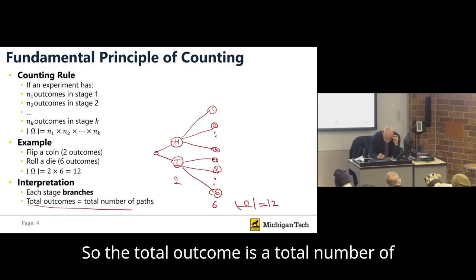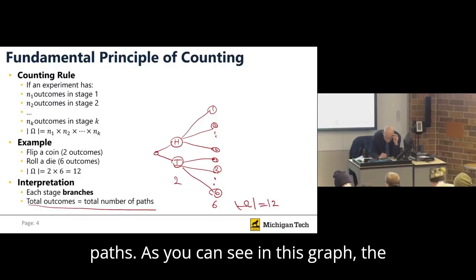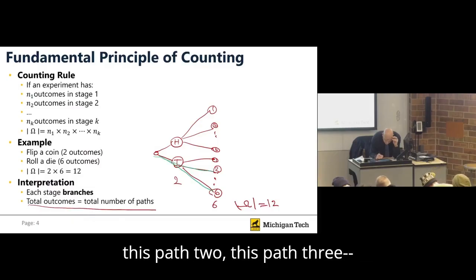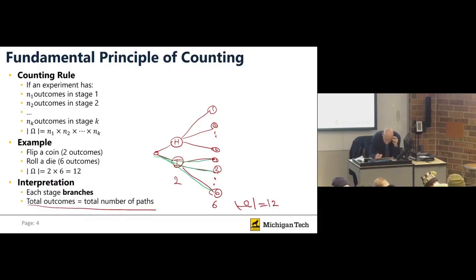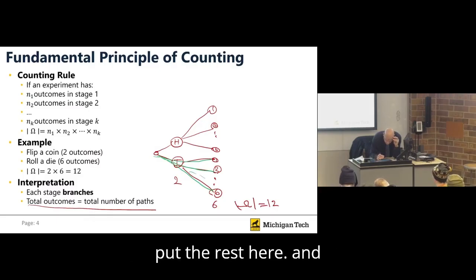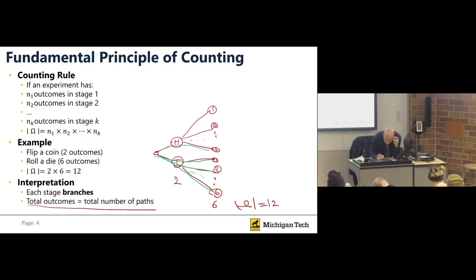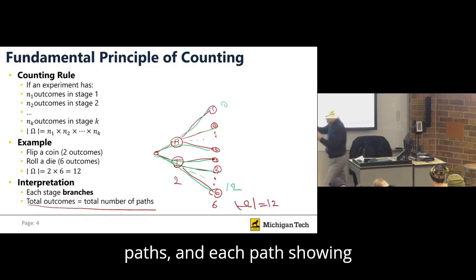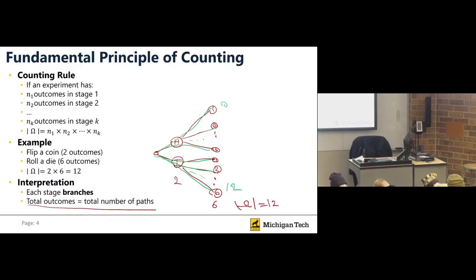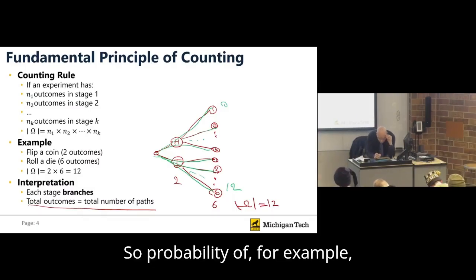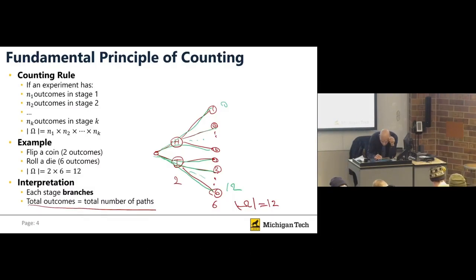So the total outcome is the total number of paths. As you can see in this graph, the total number of paths, this path 1, this path 2, this path 3, this path 6, because I didn't put the rest here, and 7, 8, and 11, and 12. You have 12 different paths, and each path shows probability of this and this. So probability of, for example, maybe this one.